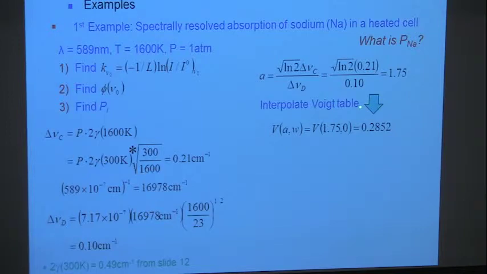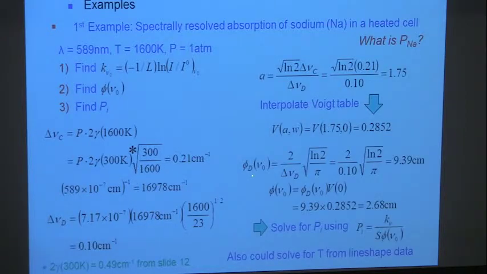Go into the Voigt tables for this A and some value of W, that's line center, and I get this number. Now I have the Voigt line shape function. I have to have the Doppler one to get the Doppler value, 9.39. Now I can solve for the actual one, 2.68, and solve for the partial pressure.